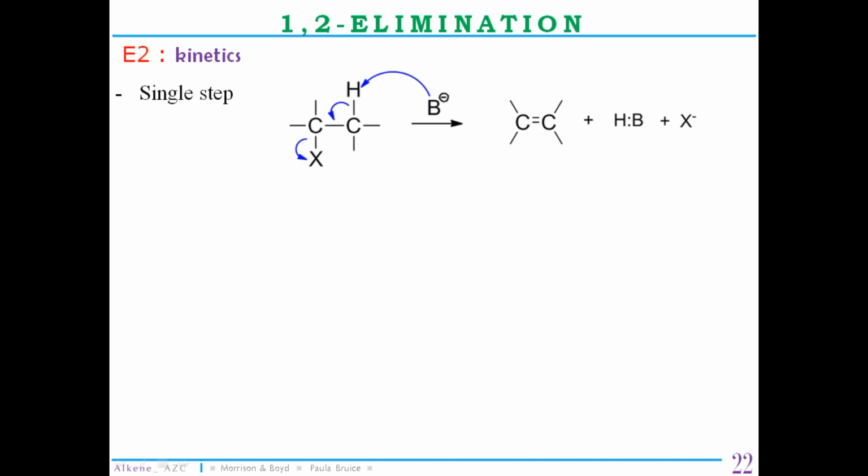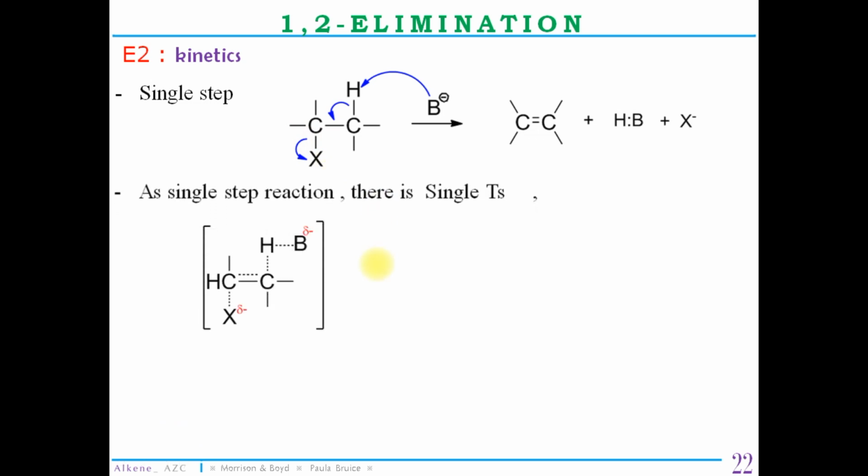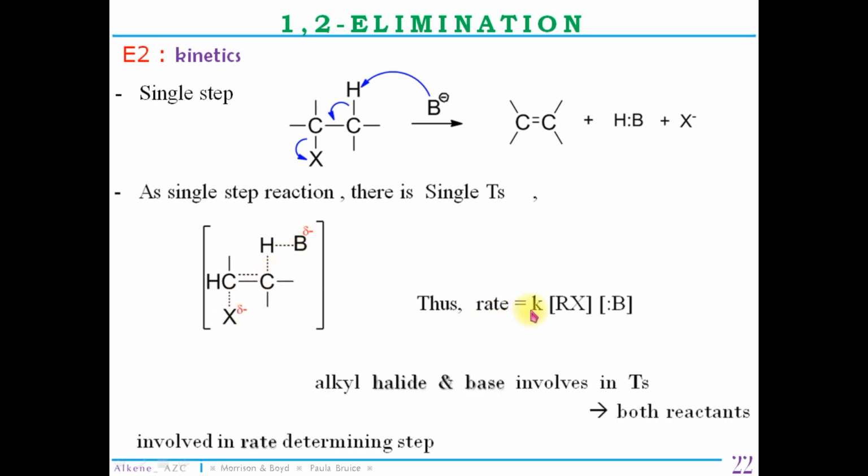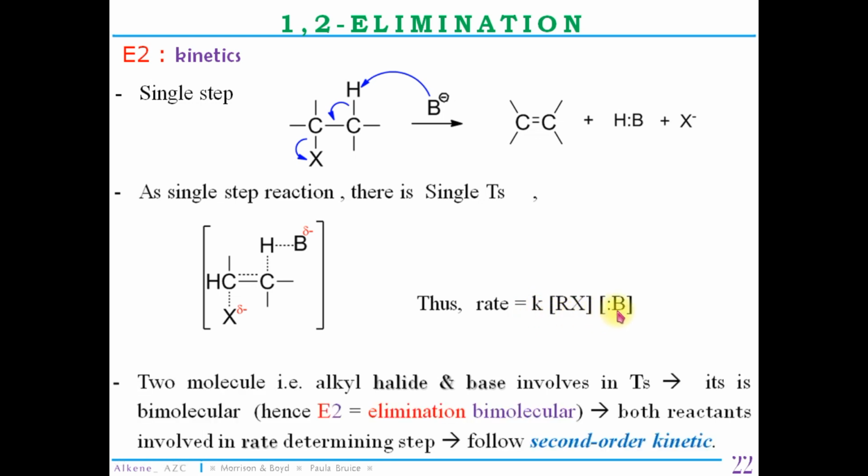Kinetics of E2 mechanism: it is a single step mechanism. So we have a single transition state where both reactants are participating. Thus the rate of reaction depends on both reactants, alkyl halide and base.